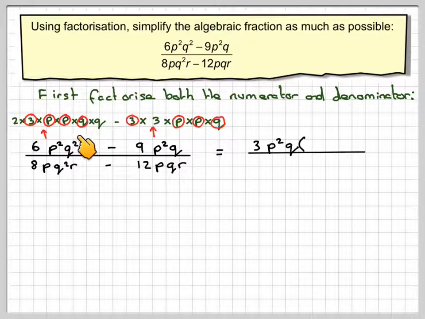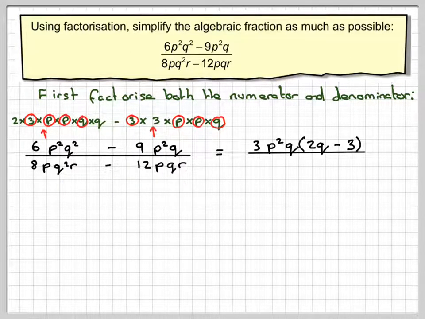What we've got left here, 2q minus 3. Let's just repeat that. 2q from here, and then a minus 3.